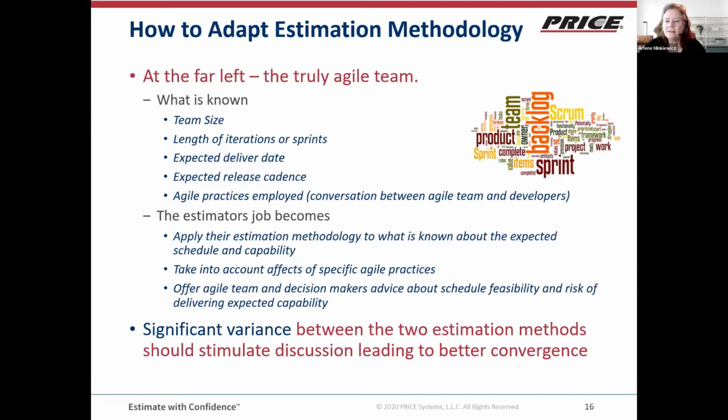And then the estimator's job at this point is to offer the Agile team and other decision makers advice about whether or not, based on the capability that's expected and the amount of time it's expected to be delivered in, the schedule is feasible and what the risk is of being able to deliver the expected capability.